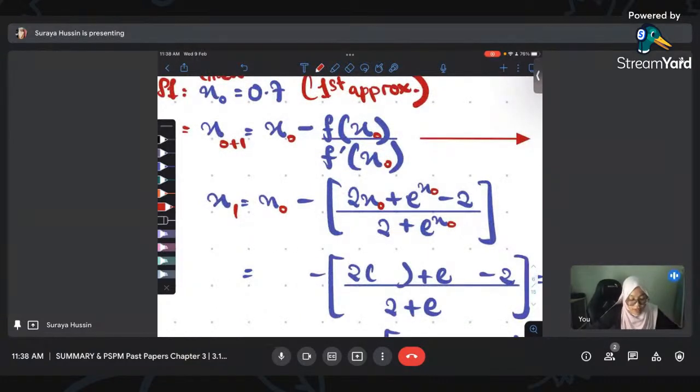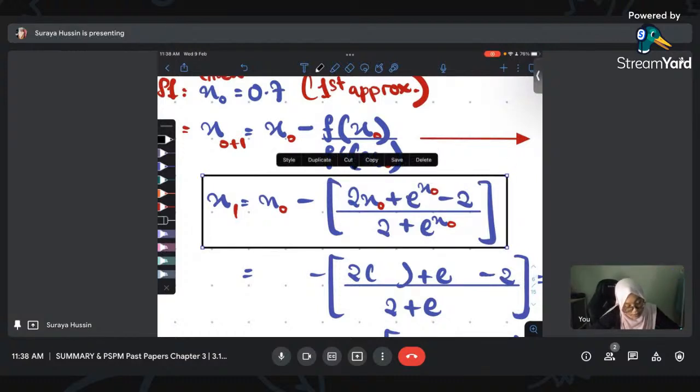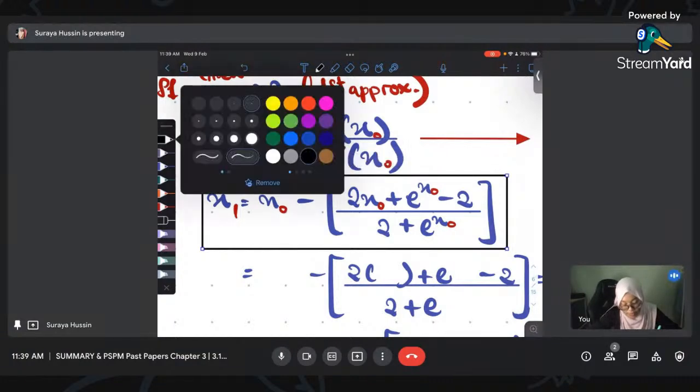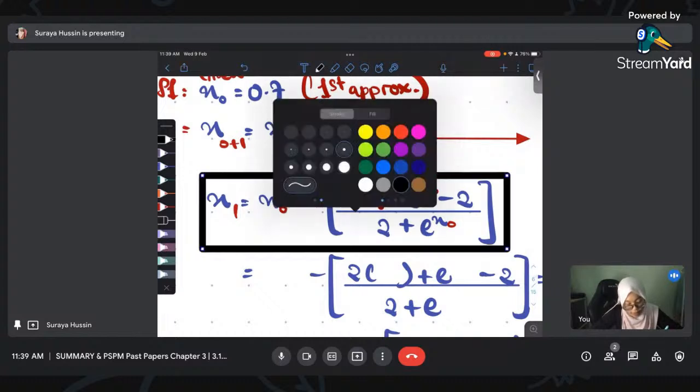Okay? Kamu kena aware ya benda ni. This is important to my class. Every of my class mesti pandai tulis function ini. Wajib. Kelas lain mungkin tak diwajibkan untuk tulis. Tapi kelas Miss, I'm sorry to say this, but saya wajibkan student saya tulis function ini. Lecturer lain tak wajibkan. But for my class, you have to follow my style lah.